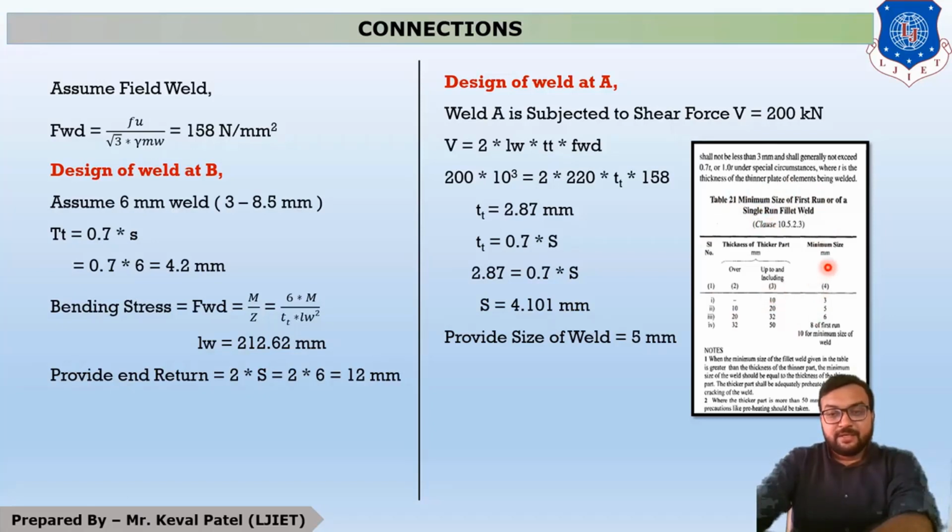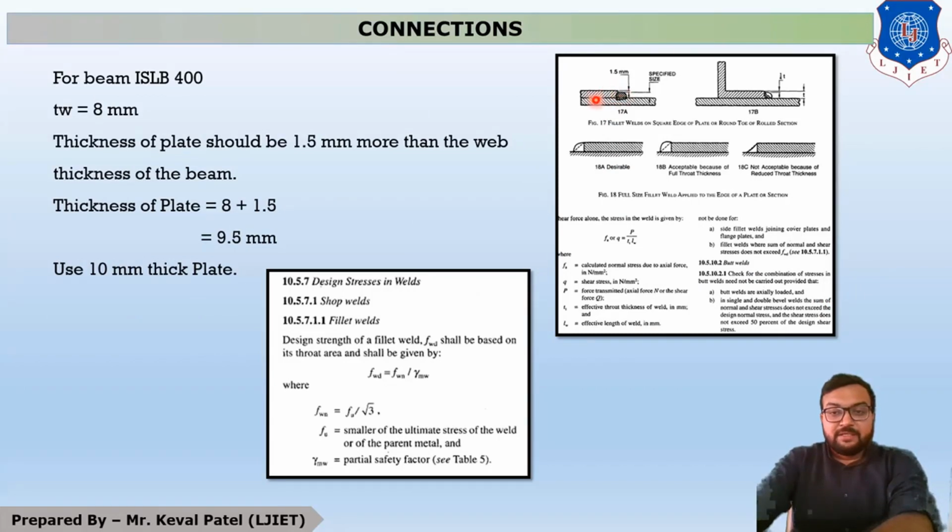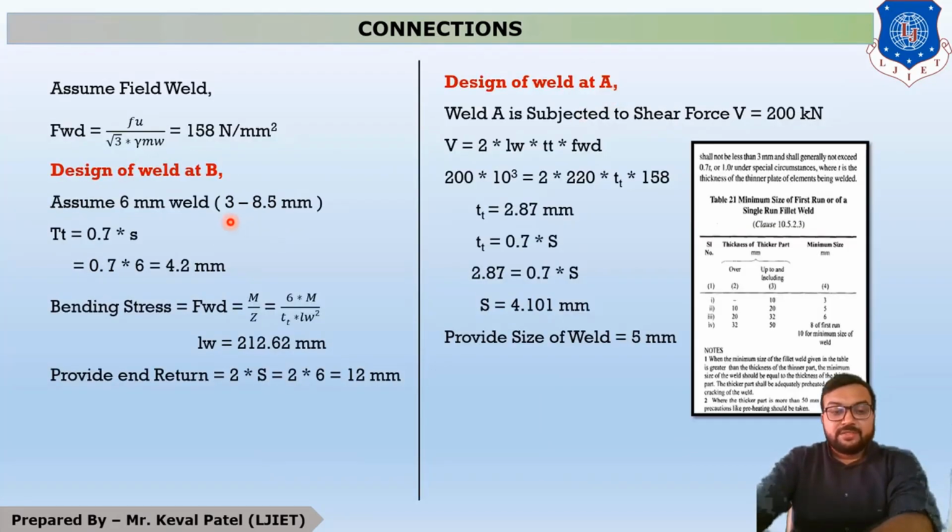You can see in which range the minimum size of welding falls. If the thickness of the thicker part is over 10 mm and up to 10 mm, then the minimum size of welding is 3 mm, and if we are providing a 10 mm plate, then the maximum is 8.5 mm. So our size of weld is in the range of 3 to 8.5, but we have to assume that our welding size is 6 mm.